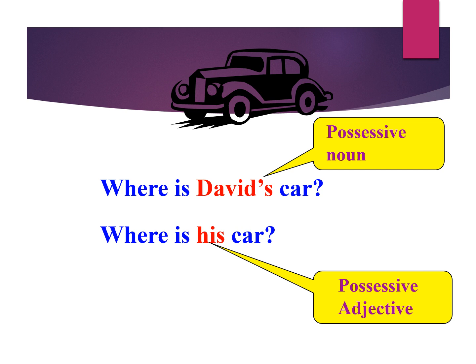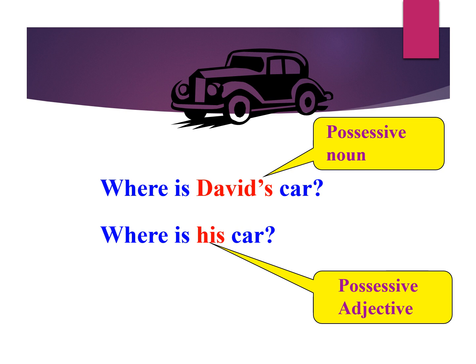Actually, possessive nouns could be substituted by possessive adjectives, in order not to repeat the possessive noun over and over again. That's basically the function of a possessive adjective, to rename the possessive noun.